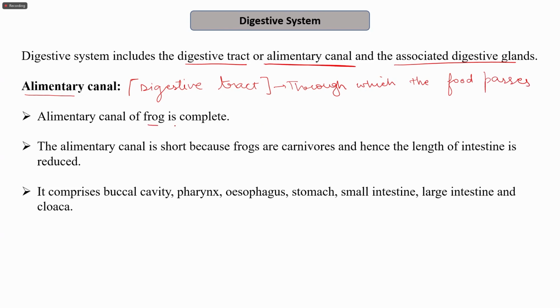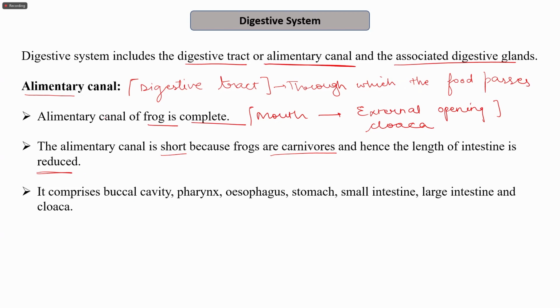So the alimentary canal of the frog is complete. That is, it starts from the mouth and ends at an external opening, which is the cloaca. It is complete and it is short, because frogs are carnivores and hence the length of the intestine is reduced.